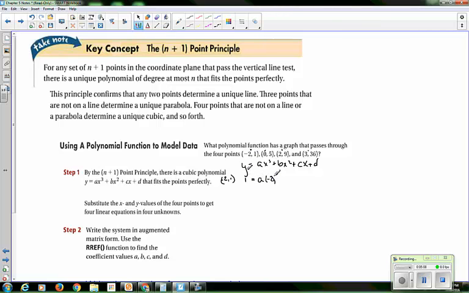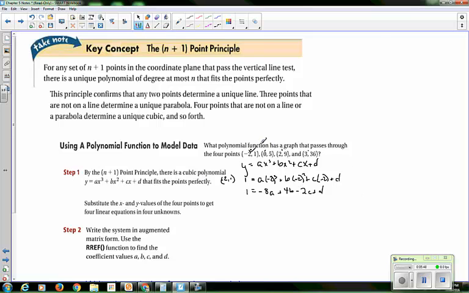Everywhere there's an x, I'm going to put a negative 2. Everywhere there's an a, b, c, or d, I'm going to leave as it is. Negative 2 times negative 2 times negative 2 is negative 8. Negative 2 times negative 2 is 4. So we get 1 equals -8a plus 4b minus 2c plus d.